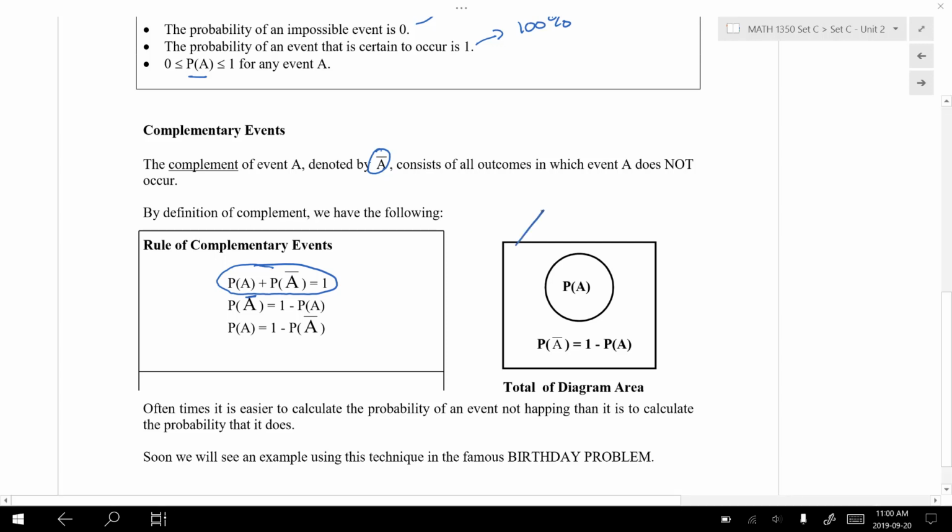One can illustrate this with a Venn diagram. We'll see more Venn diagrams later. This one is fairly simple. We have A happening here, and not A is outside. This whole box here is our universe, all of the possibilities in our sample space.